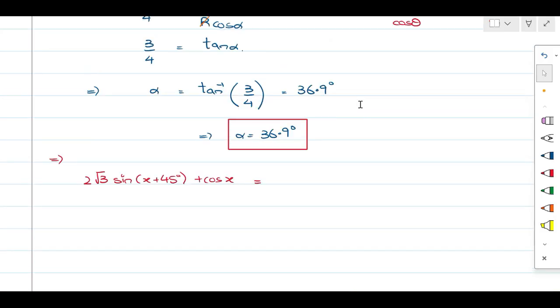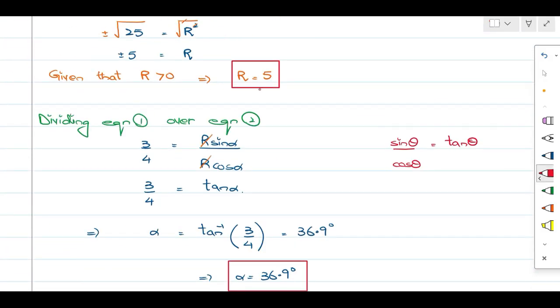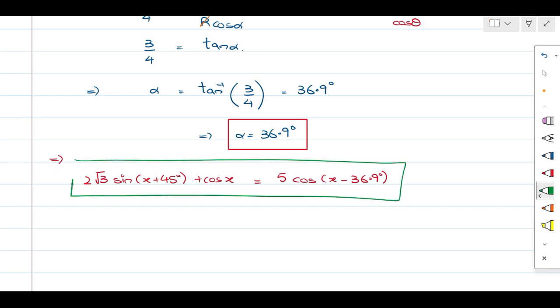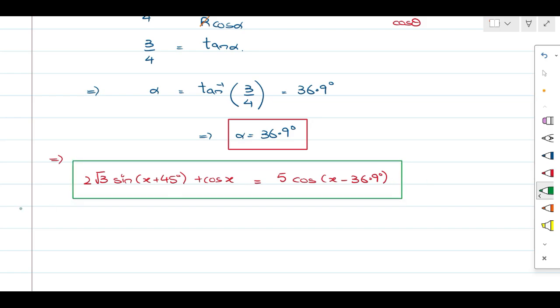The R value is 5, and alpha is 36.9 degrees. So this is how we have to express that expression.